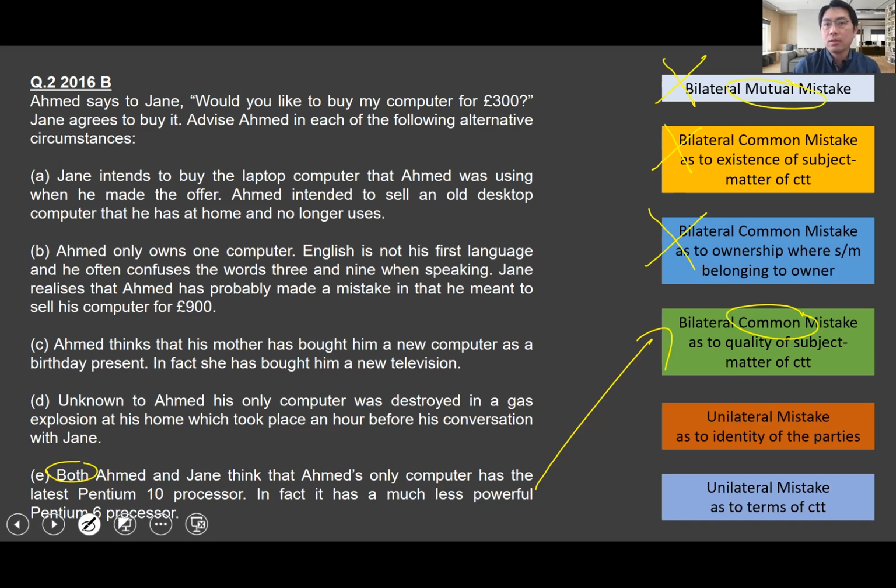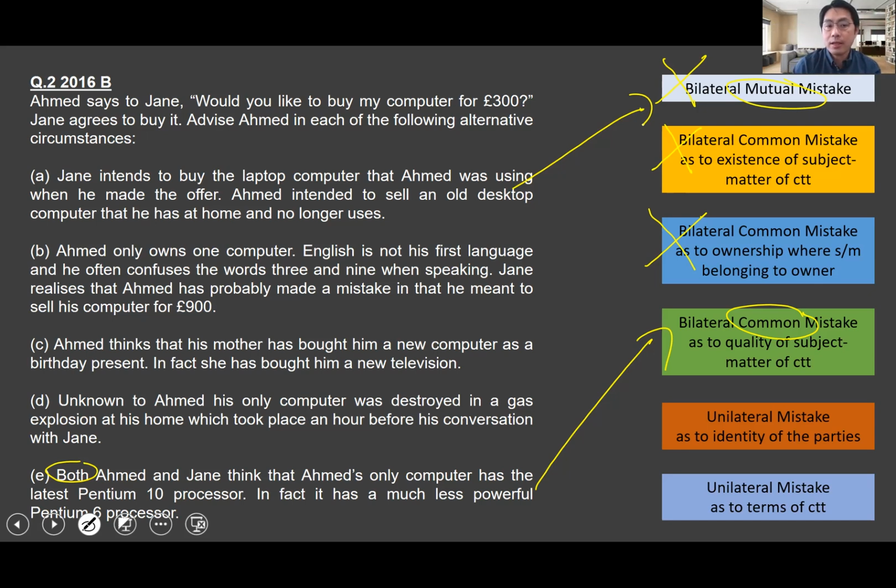That's why it's common mistake, as opposed to mutual mistake. So in closing, the difference between bilateral mutual and bilateral common, which I hope that you see now, is that for bilateral mutual, they are both mistaken as to different things. I want to sell you a desktop, you want to buy my laptop. There's no meeting of minds, and therefore the contract is void.